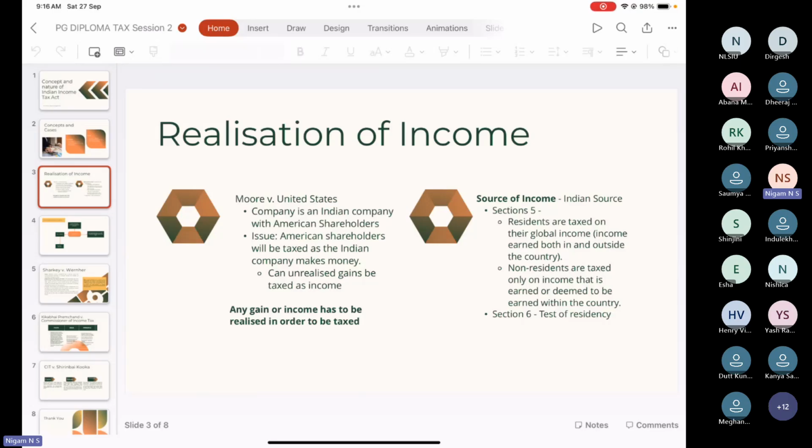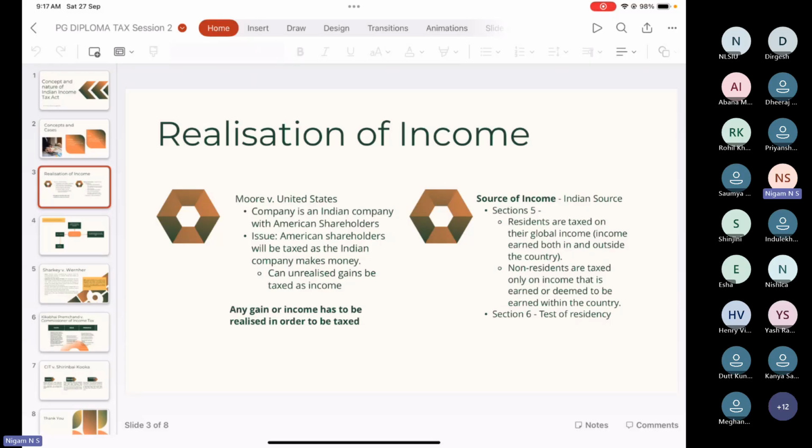Why am I mentioning all of these things? Because these are the basic building blocks of tax. Let me review that for you again once more before I go to the cases. The Indian Income Tax Act is designed in such a way that it first talks about income. It says that income will be taxed under the Income Tax Act.